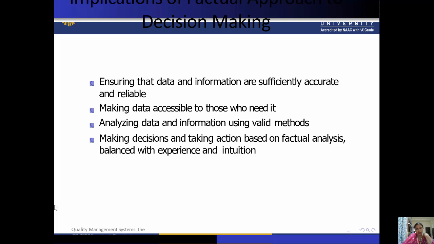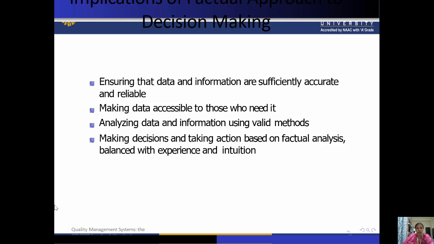Now, the implications of the factual approach to decision making. We have already discussed many principles of management which are used in the quality management system, and one of them is decision making. The implications of the factual approach to decision making involve ensuring that data and information are sufficiently accurate and reliable.